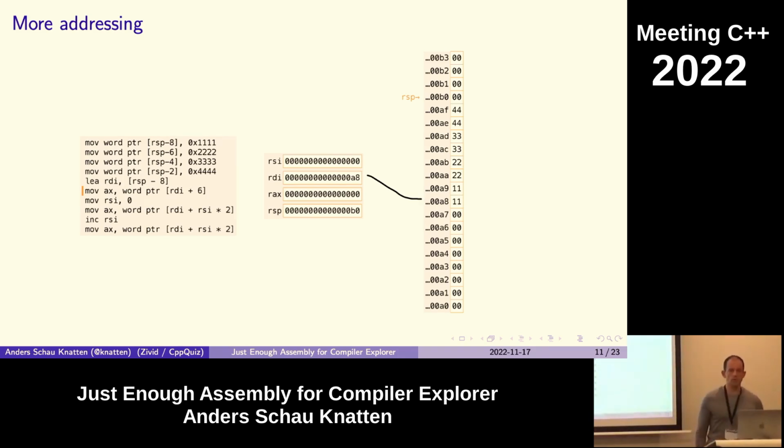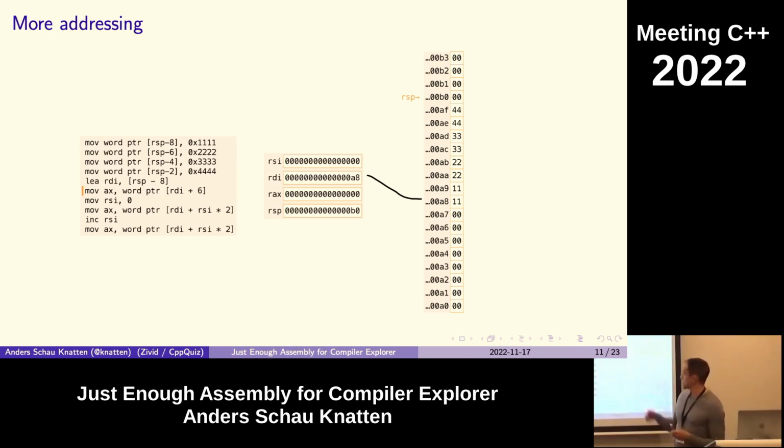And now I can get to the thing I started talking about a bit too early, which is I really want to look at the fourth element of my array. And how do I do that? I have a pointer to the beginning, and then I want the fourth element. So I have to skip past 3 elements, so I have to add 3 times the size of the element. So I need to add 6, right?